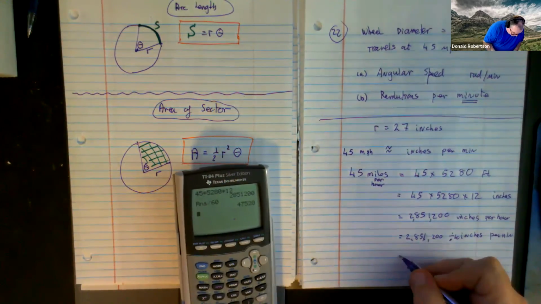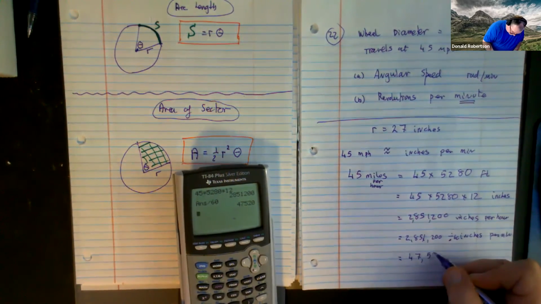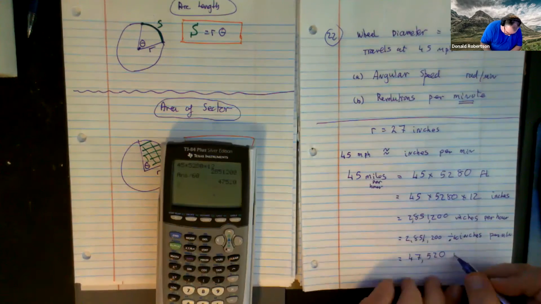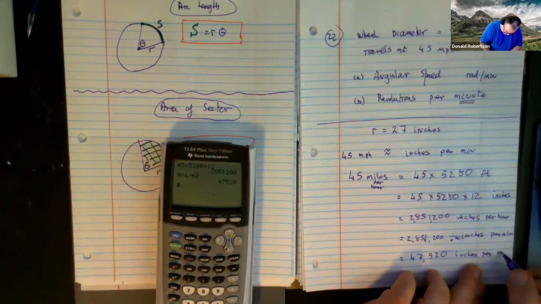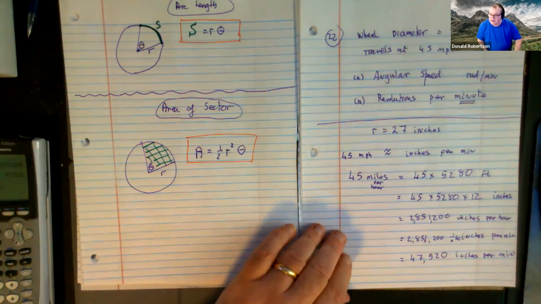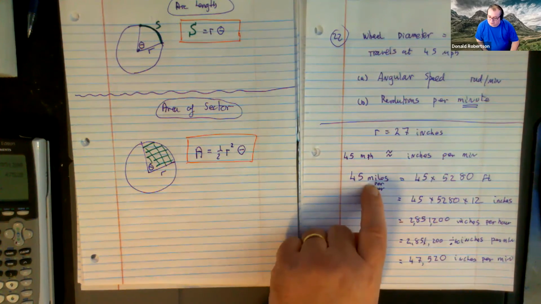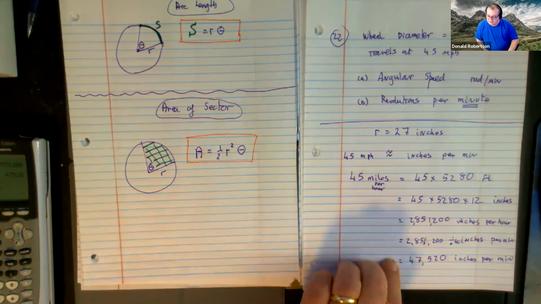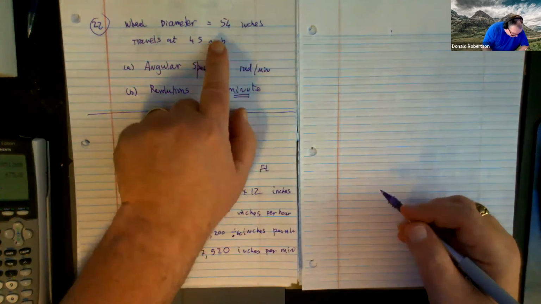And the answer I now get is 47,520 inches per minute. Are you still with me? All I've done here is figure out what 45 miles per hour looks like in inches per minute. So far, so good? Right, let's return to the question.